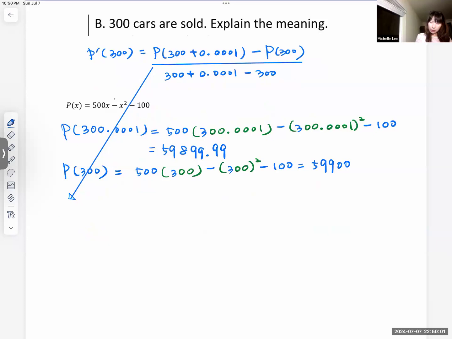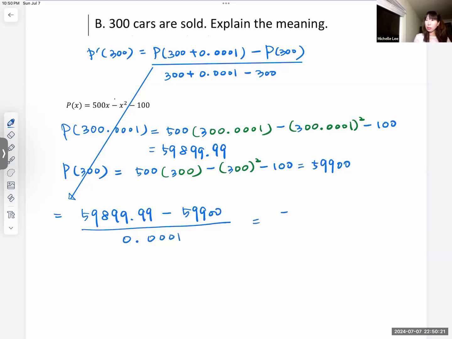Okay, so we want to calculate this one. That will be 59,899.99 minus 59,900 all over 0.0001, right? So that would be negative 0.01 over 0.0001.